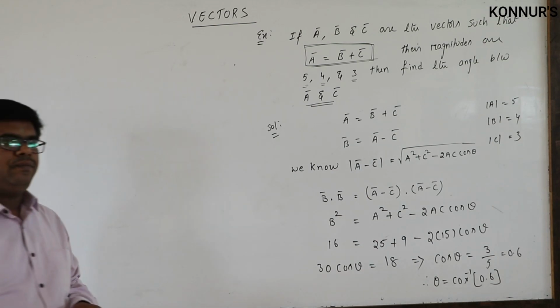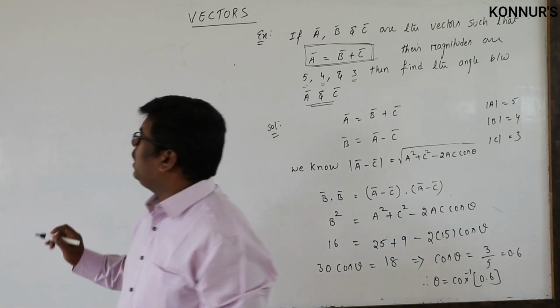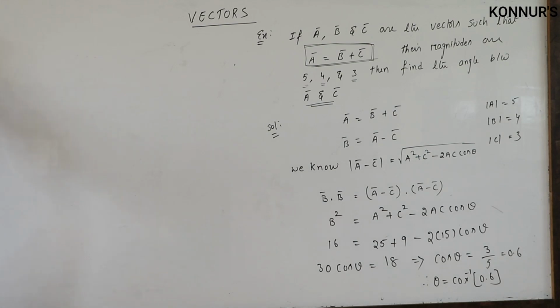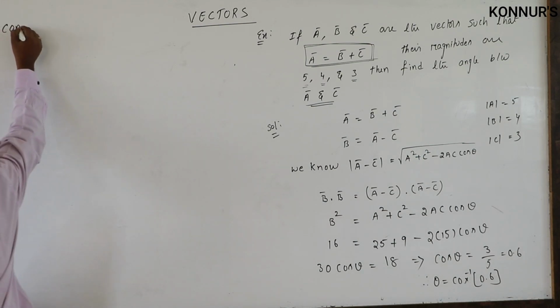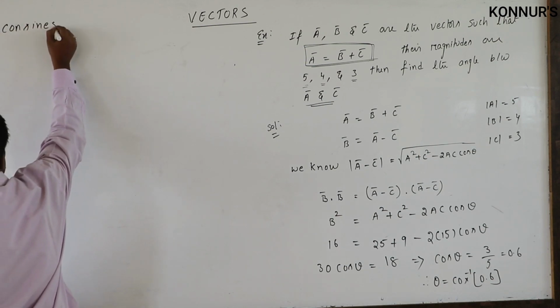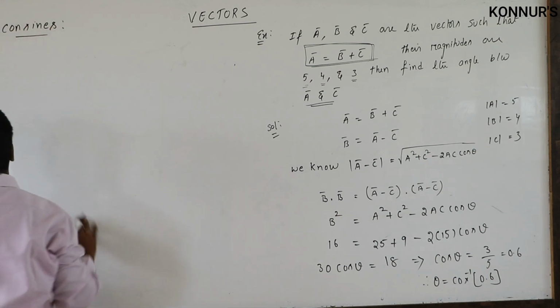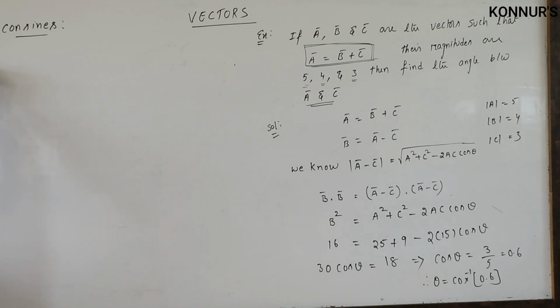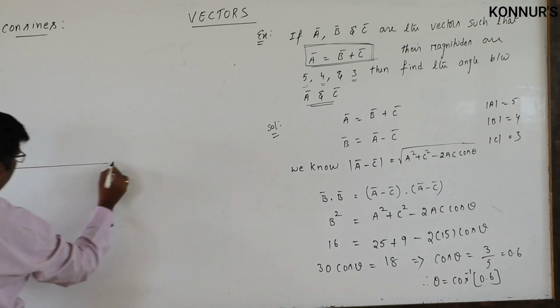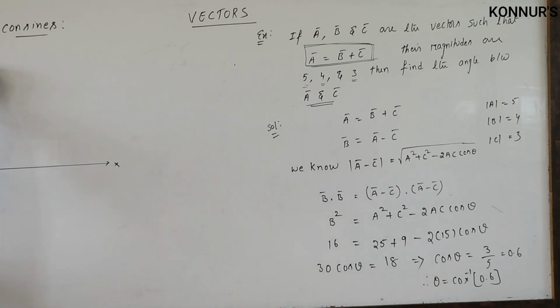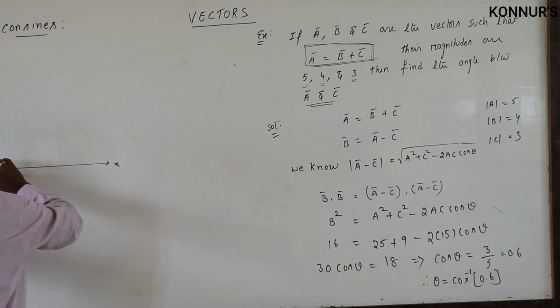Direction cosines. So if you take the coordinate system, let us take the x axis, y axis and z axis, and let us take one vector.